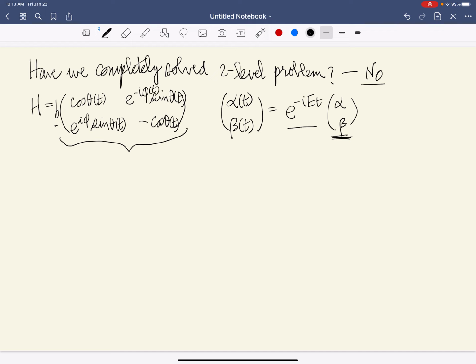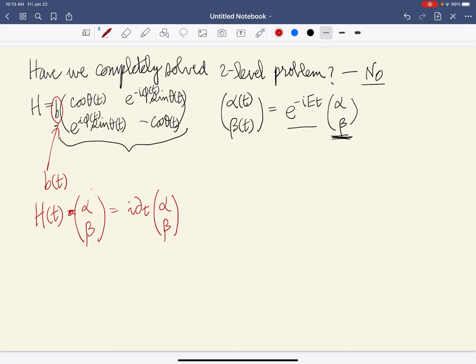But in general, there's no reason why it should be, right? So even this b can be some function of time. So what I'm saying is that this entire Hamiltonian can be a function of time. Okay, so in fact, the general two-level problem would be that of solving this sort of coupled differential equation where the elements of my 2 by 2 Hamiltonian matrix are all time dependent.